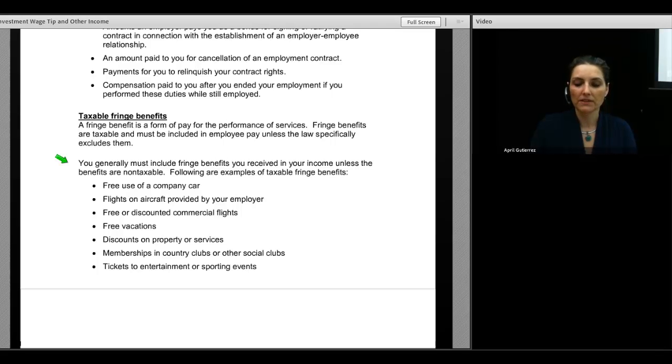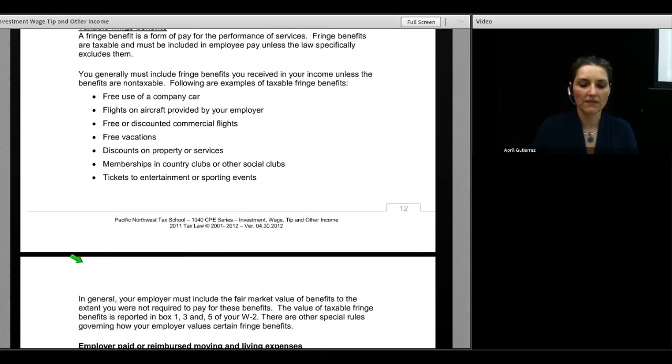Following are examples of benefits that are taxable. They include the free use of a company car, flights on aircraft provided by your employer, free or discounted commercial flights, free vacations, discounts on property or services, memberships in country clubs or other social clubs, tickets to entertainment or sporting events.